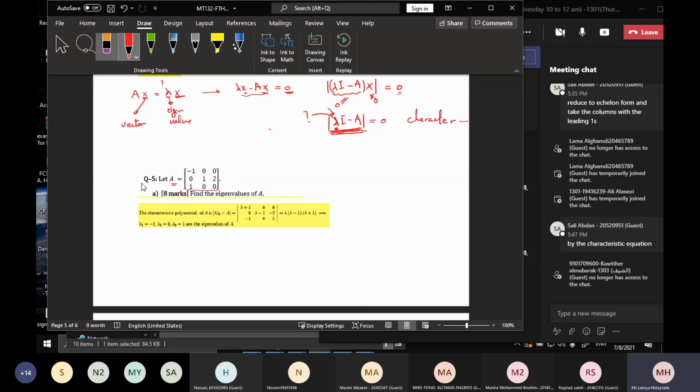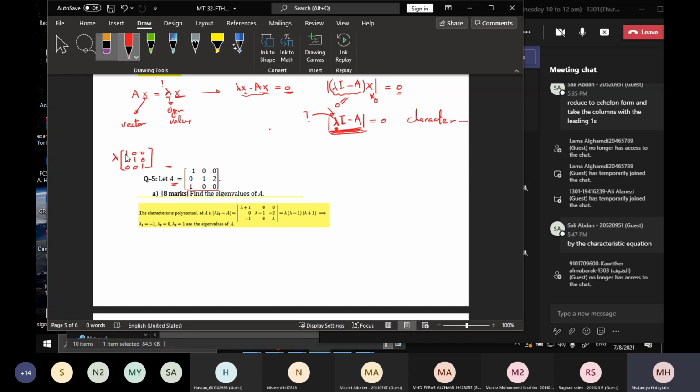This is a 3 by 3 matrix, so what is your I? The identity will be 3 by 3. So I multiply lambda times I, which is 1 0 0, 0 1 0, 0 0 1, and then minus A, and then find the determinant of the new matrix.